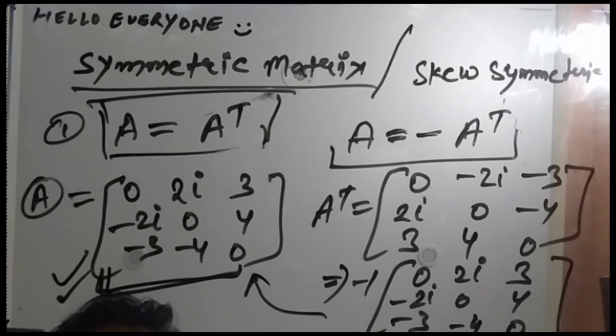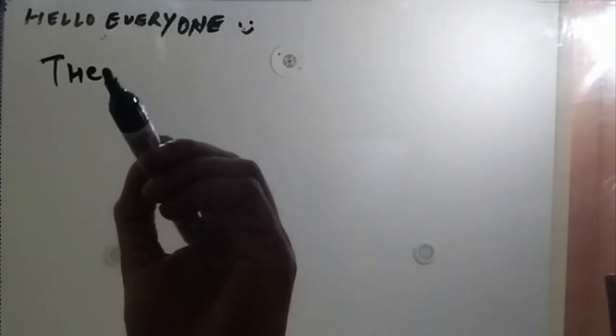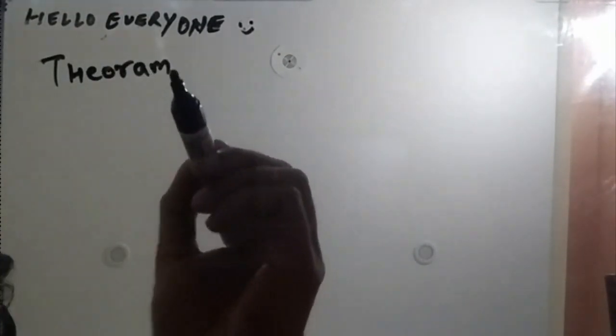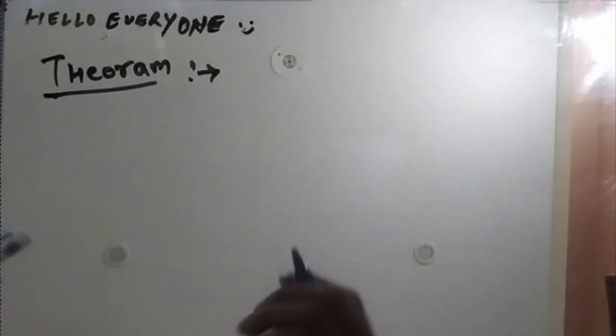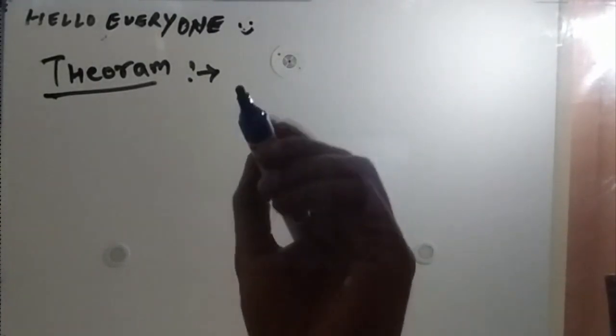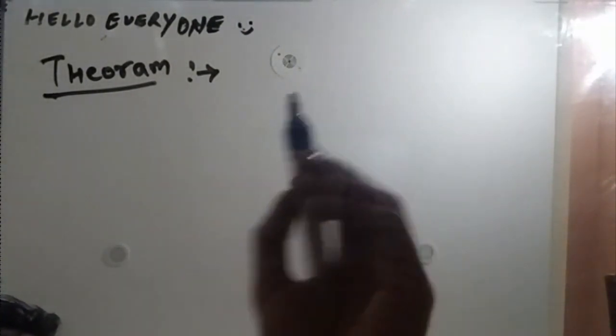Let's move to the new topic. Okay. Let me tell you a theorem here which states that every square matrix can be expressed uniquely as the sum of a symmetric and skew-symmetric matrix.